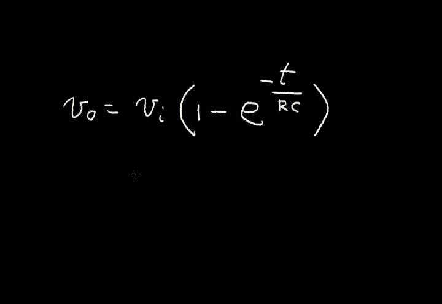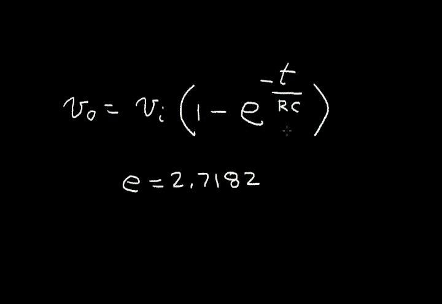Now, e is the base of the natural logarithm. e is equal to 2.7182, and so on and so on. So e is a constant. Again, t is time, RC is the time constant, and VI is V in.